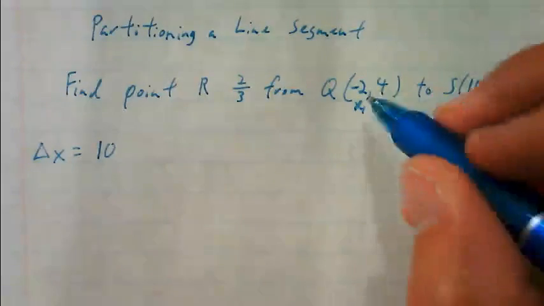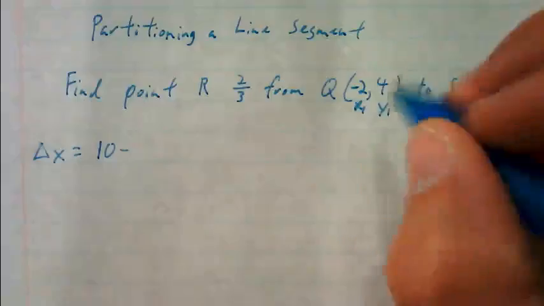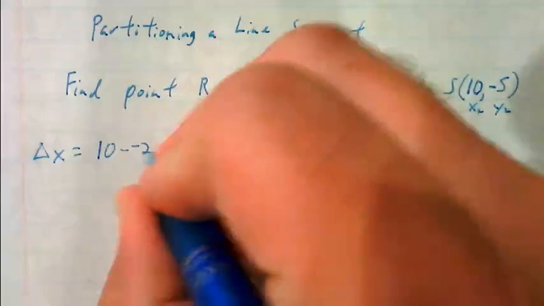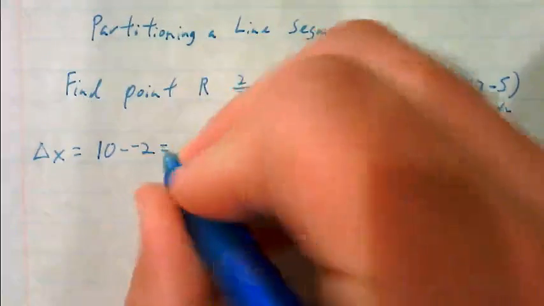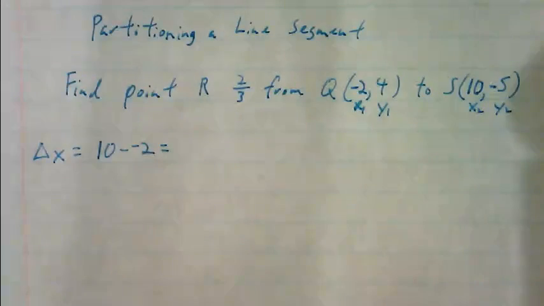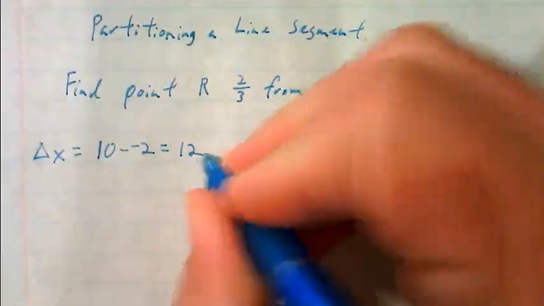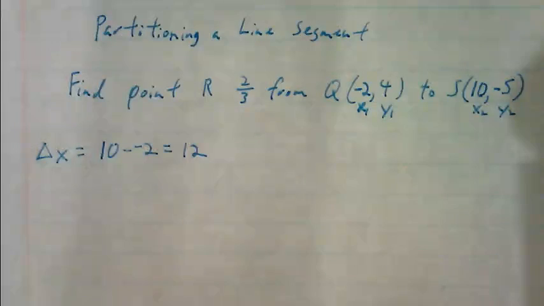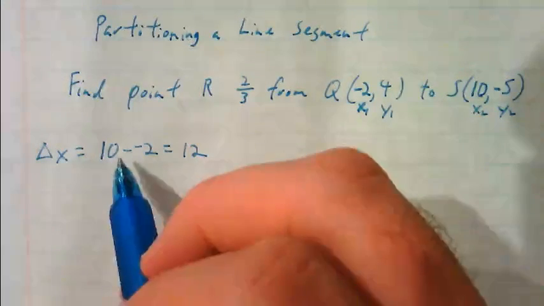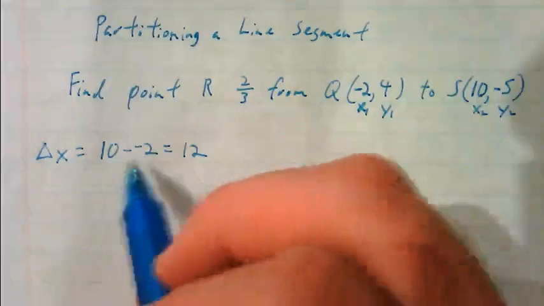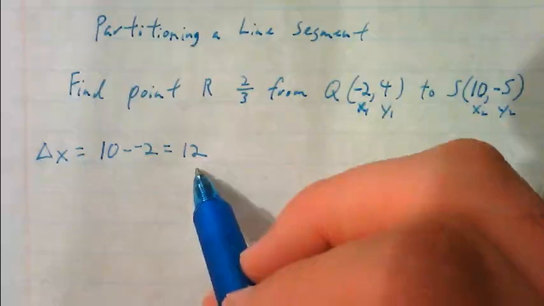So, where I ended up was 10. That's my X2 value. I'm subtracting to find the difference, the -2. So I now know that my X value has changed by a total of 12. Because again, if you subtract a negative, that becomes adding a positive. So this is actually 10 plus 2, which is now 12.